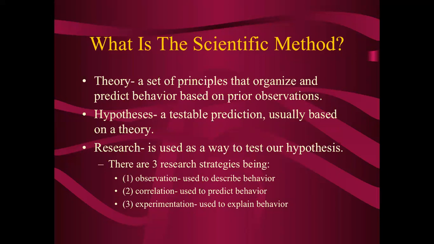If the data is inconsistent with our hypothesis, then our hypothesis is rejected. Notice in science, we don't say anything is ever proven, because there could be new information that turns this theory on its head. Further research could reject an existing theory. So that's important to understand.